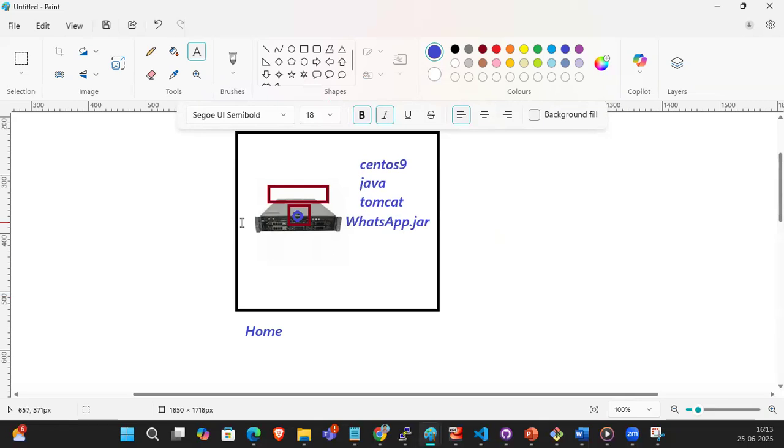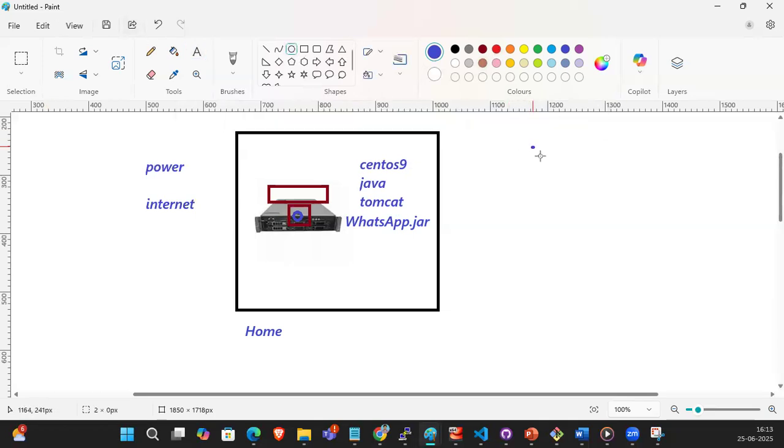This is your home. What you are providing is power and internet. With the internet, the end users will see your website. If we have internet, only then will the end users see your website, right?